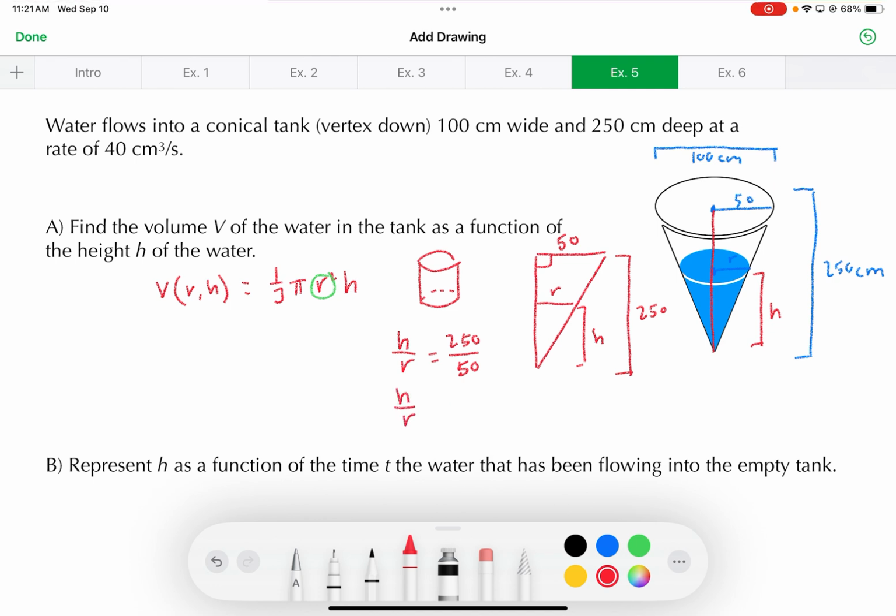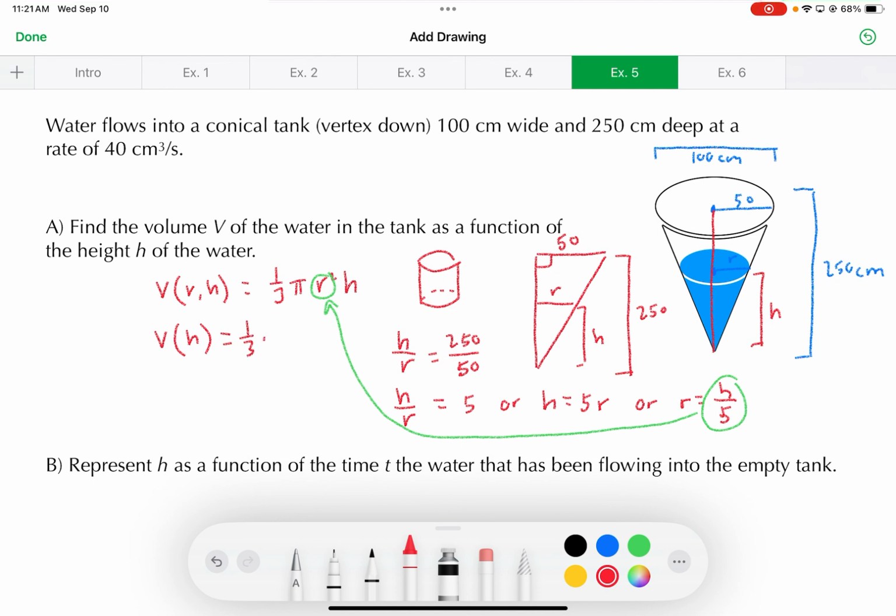And that simplifies nicely. h over r is equal to 5, or h equals 5r, or you could say r equals h over 5. And that's ultimately how we want to look at this. So we're going to take that h over 5 and substitute it in right there. And that's going to allow me to switch my notation to v expressed solely as a function of h.